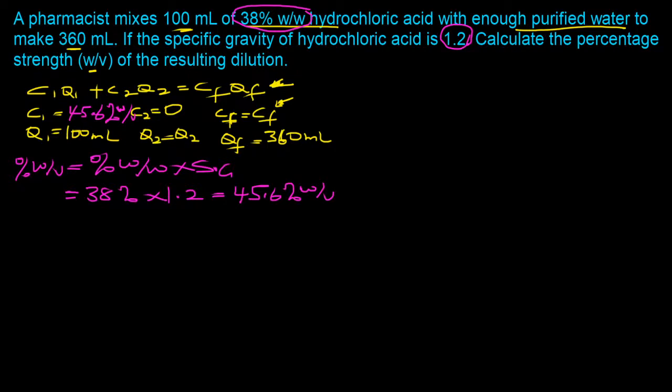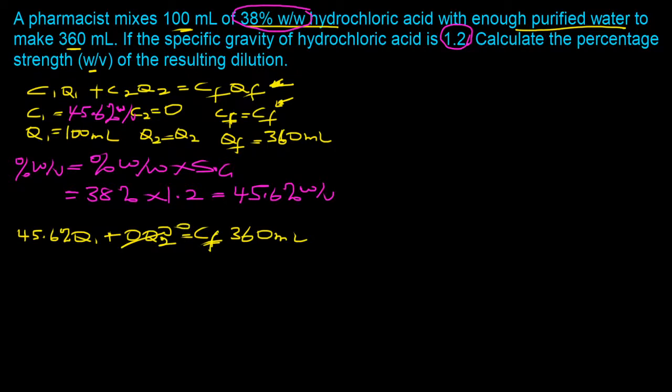The way that will look is we will take C1, which is 45.6%, times Q1, plus C2, which is 0, times Q2, and that is equal to C final, which we do not know this time, times Q final, which is 360 milliliters. So 0 times any number is 0, so this goes to 0.